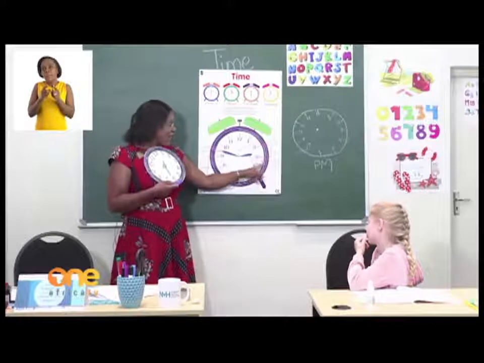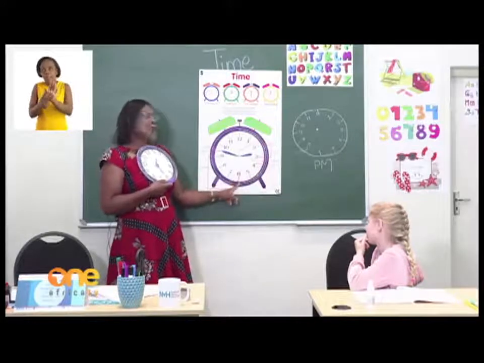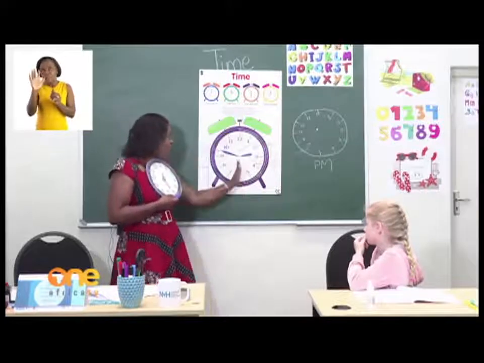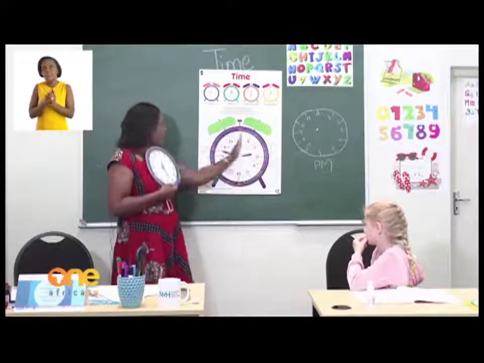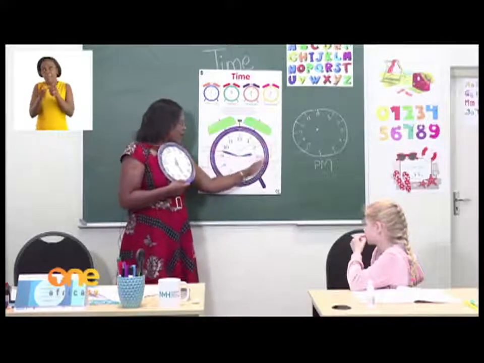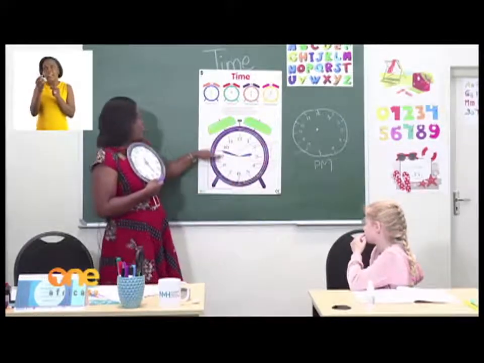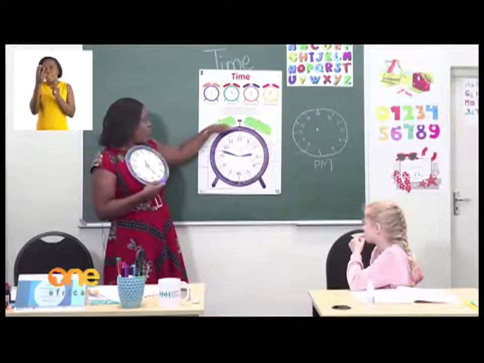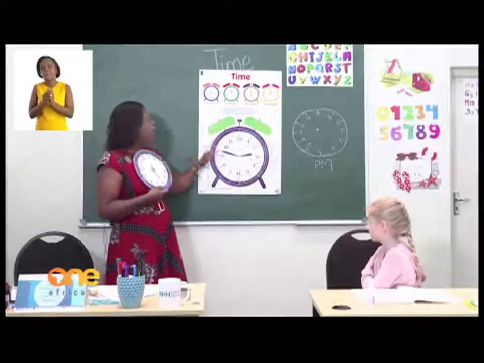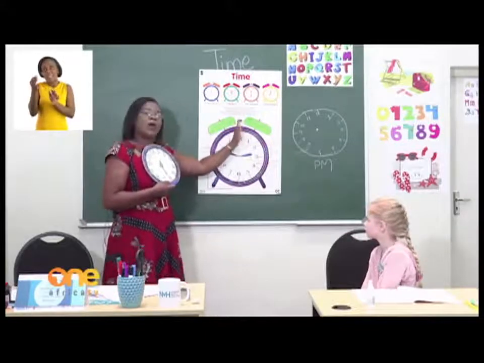When it is counted up to here on the 6, it will have counted 30. So 30 is a half of 60. That's why we say half past. There it's a quarter. But then when it has counted up to the 9, we say quarter to because we are only left with 15 minutes to go to the o'clock.